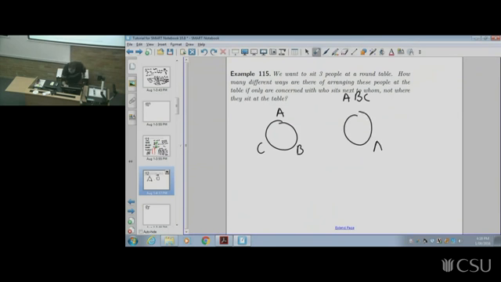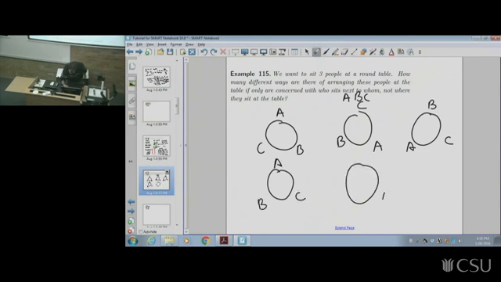Another one is A, C, B, that's a different ordering. And the last one is B, C, A. Another one is A, C, B. Okay, so they're the 6 different ways of ordering A, B, and C.